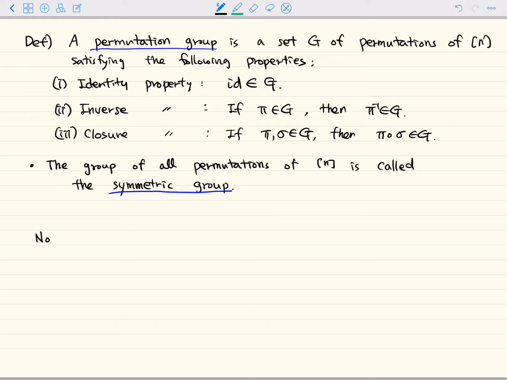But just for a side note, let me mention that in a group there should be a property called the associative law, and it's actually automatic for permutations, because the operation is composition, and because this is the composition of functions, the associative law is immediate.